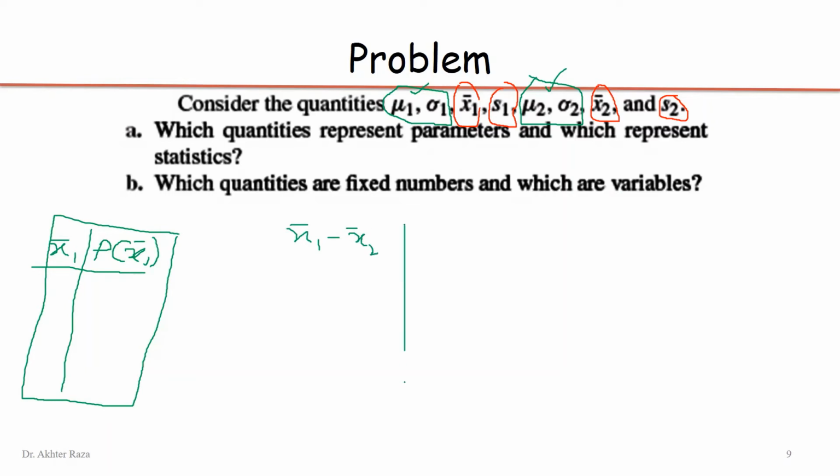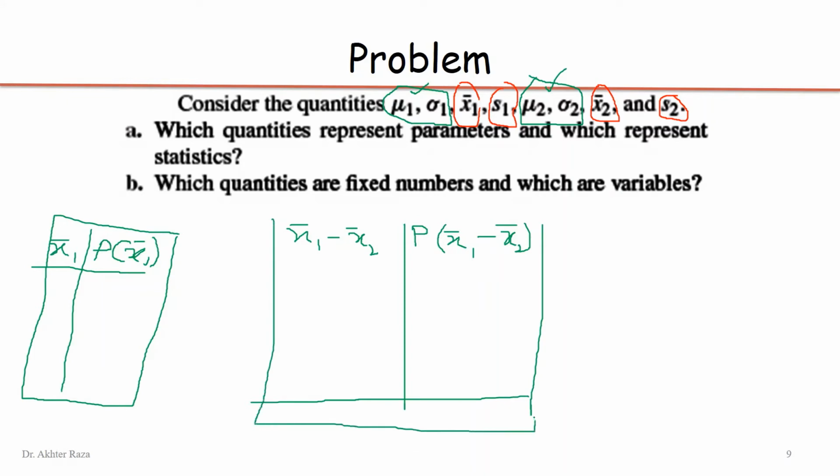And in the next column, we have the probability of X bar 1 minus X bar 2. This is known as the sampling distribution of the difference in two sample means. The variable is X bar 1 minus X bar 2. Here the variable is X bar 1. The total must be 1 in all cases.